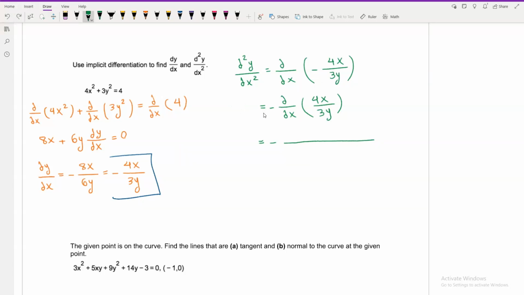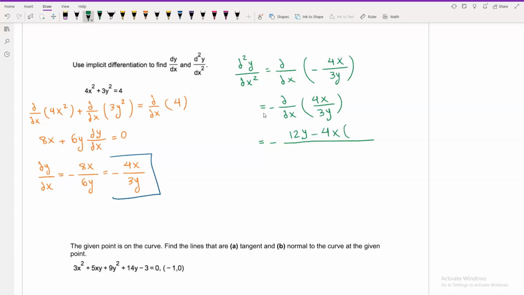Here we have 4x, so derivative with respect to x is 4 times what we have in denominator, so it's 12y, minus 4x times derivative of denominator.